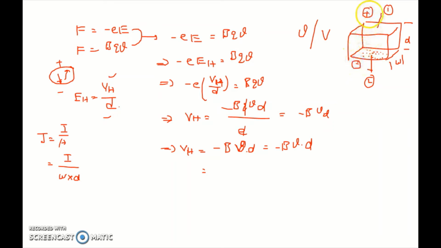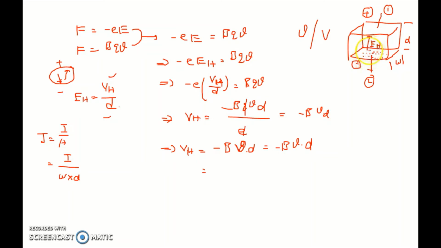Due to this electric dipole inside the specimen, I will get some electric field intensity called E suffix H, and this electric field makes the electron move towards the positive surface, the top surface of the specimen. That means the electric field forces the electron to move in the up direction, and the magnetic field pushes the electron to move in the down direction.